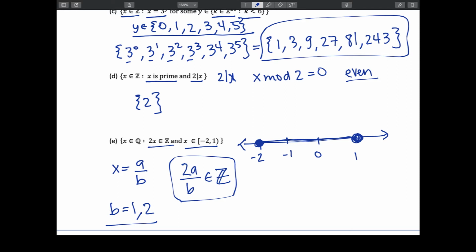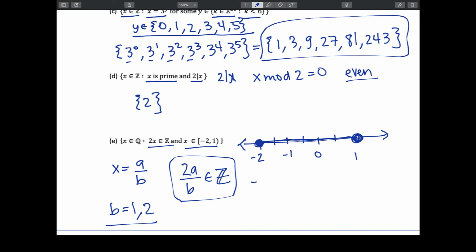And so what that means is we want everything that's either an integer or a fraction over 2.